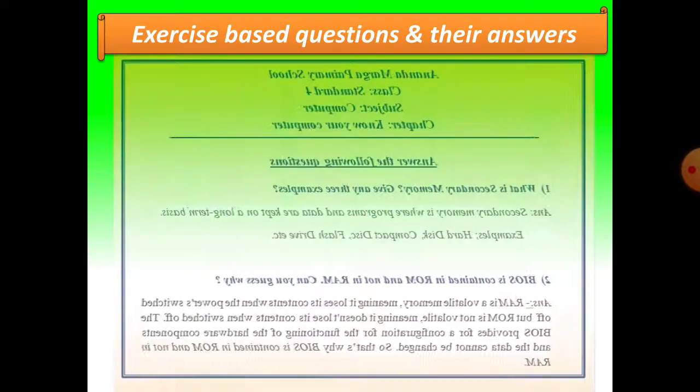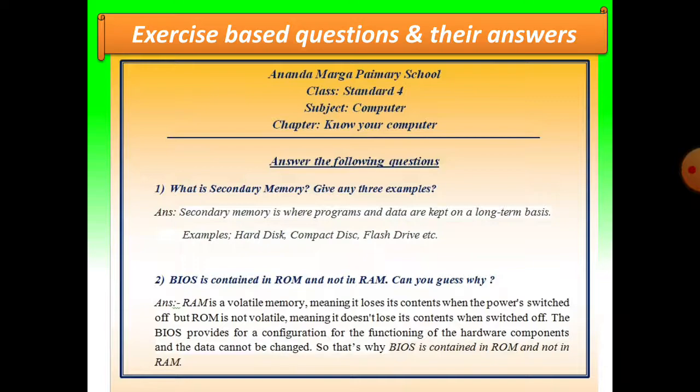And next is, answer the following questions. Number 1, what is secondary memory? Give any 3 examples. So the answer is secondary memory is where programs and data are kept on a long-term basis. Some examples are hard disk, compact disk, flash drive, etc. Number 2, BIOS is contained in ROM and not in RAM. Can you guess why?